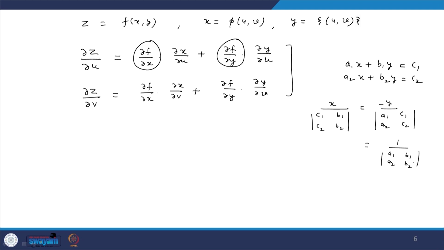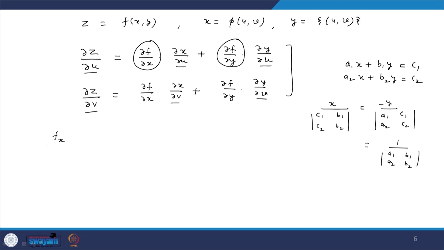So, this is also a system of linear equations with two unknowns, f x and f y. So, we can easily find out f x and f y using this rule. Here this is A1, this is B1, this is C1, this is A2, this is B2, this is C2. So, what will be f x?